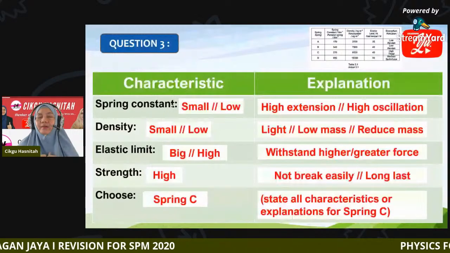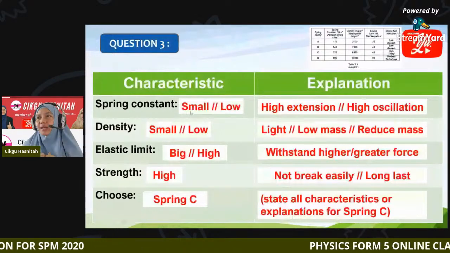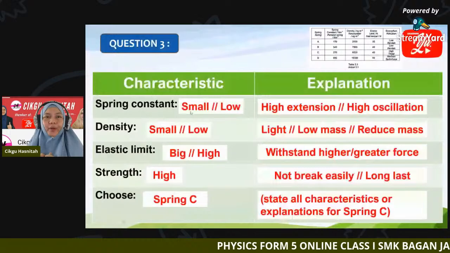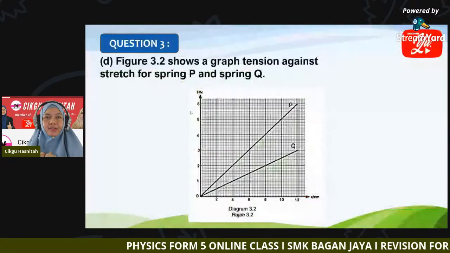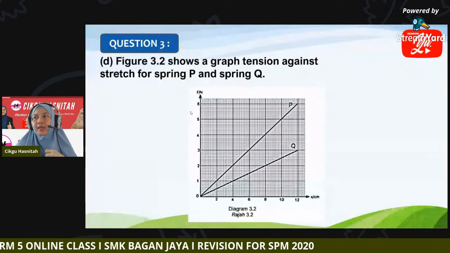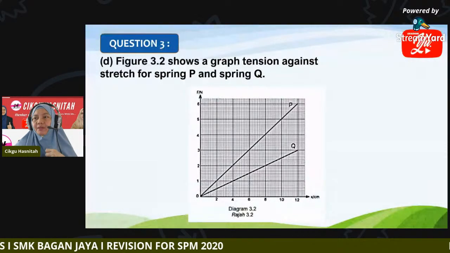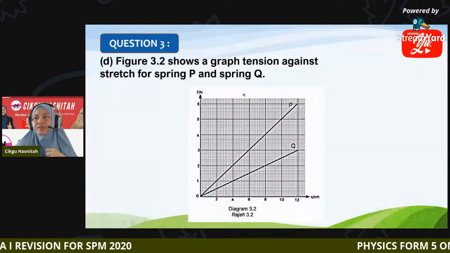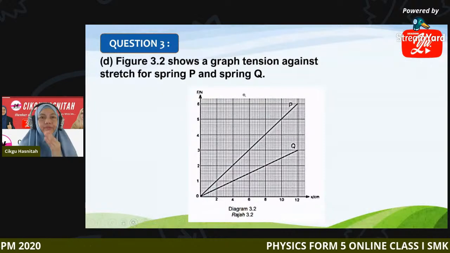Next question, question D. Now we have diagram 3.2. It shows a graph of tension against stretch. Tension means the force applied against a stretch. Stretch refers to the extension.